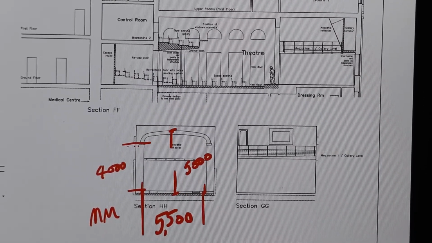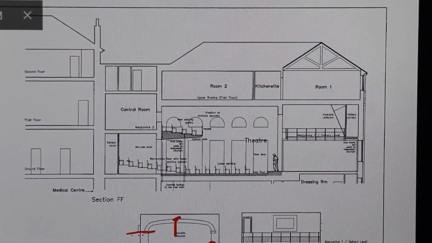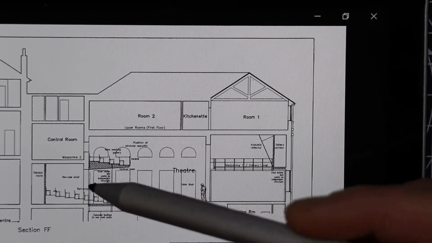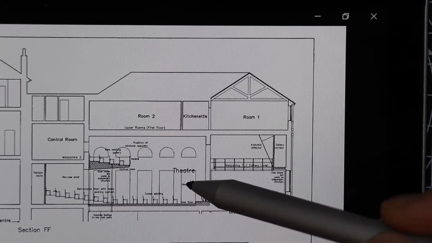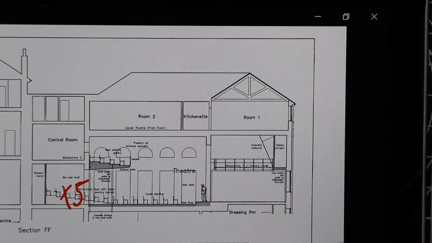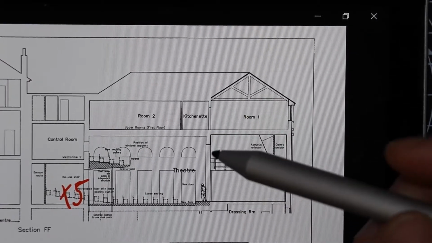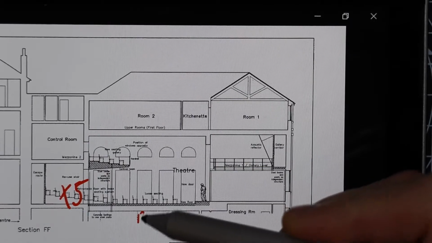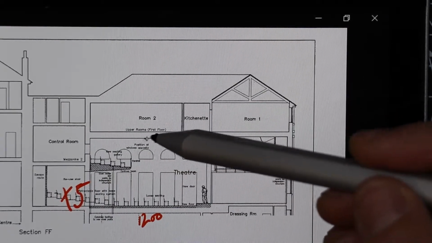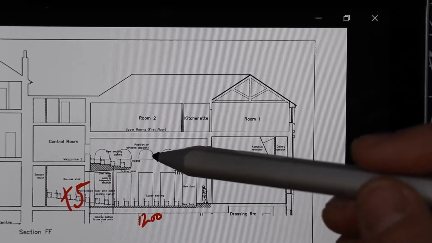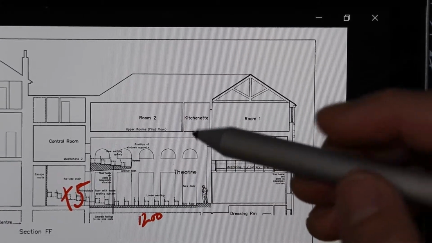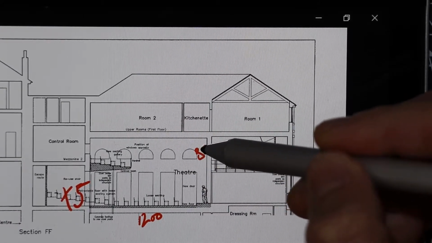Okay, moving over to the windows. We can see that we have a series of rectangular windows. We've got 5. And what are we looking at here? They are 1,200 wide. The other thing we've got obviously is these small dome windows at the top here. They'll still have the same width, but the overall height there is 850.